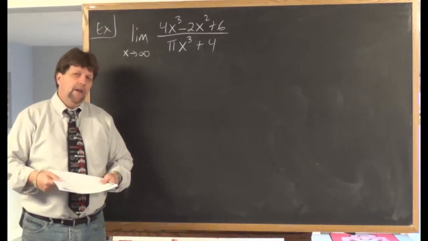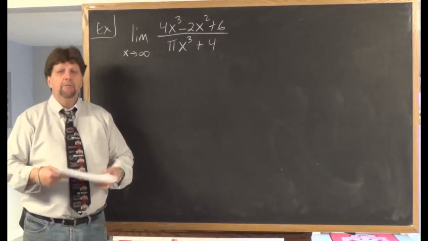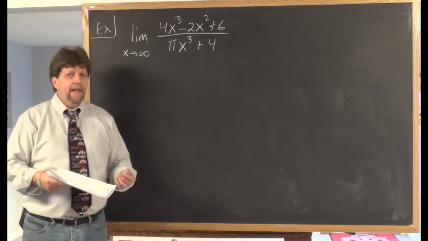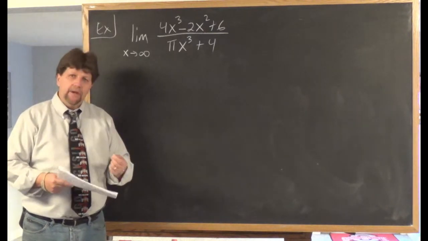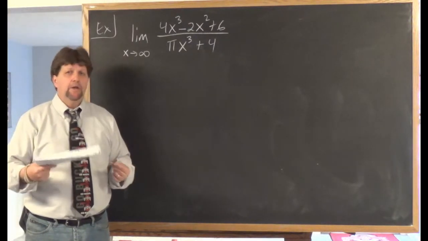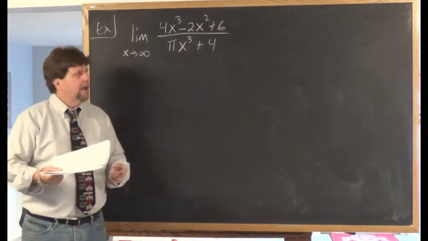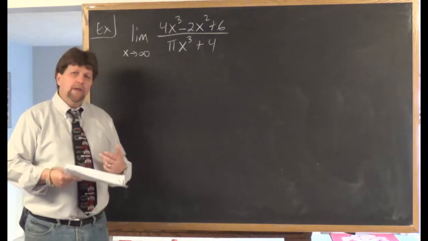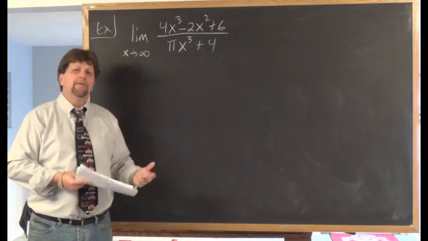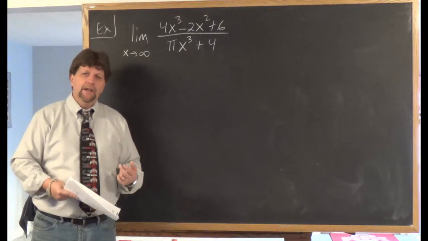All right, on the last slide we talked about how you might have to apply L'Hopital's rule more than once. We've already seen that in an example, but I thought I'd do another. I also wanted to look at an example where we have the indeterminate form infinity over infinity.